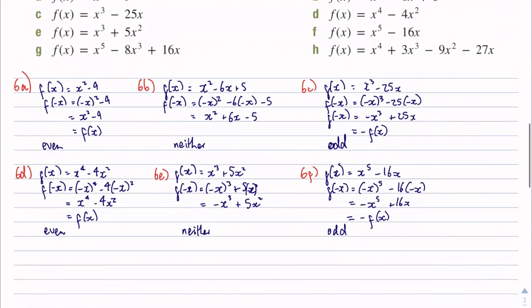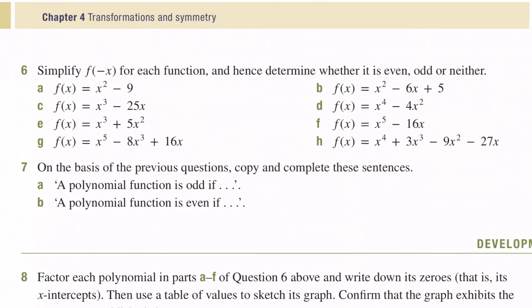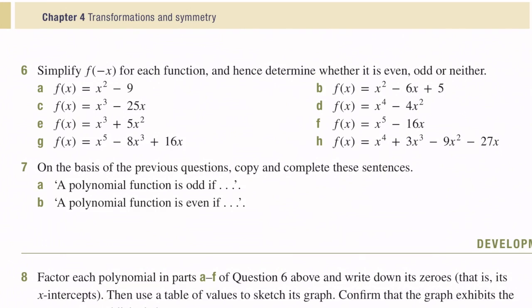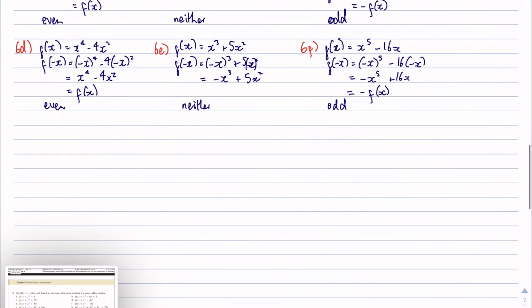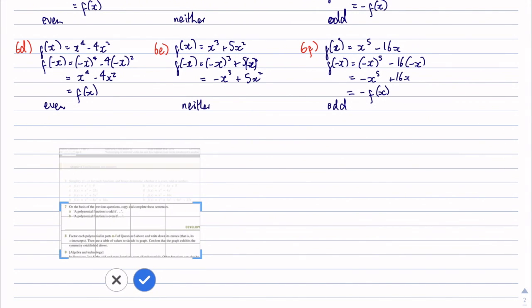I've then asked you to do question 7. And it says, on the basis of the previous questions, copy and complete these sentences. Now, you will have noticed a pattern when you were working through question 6.